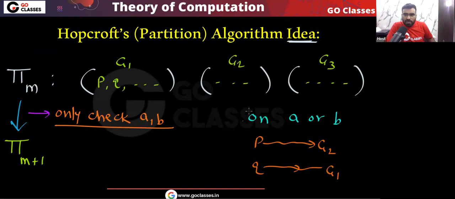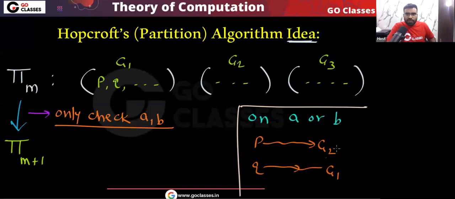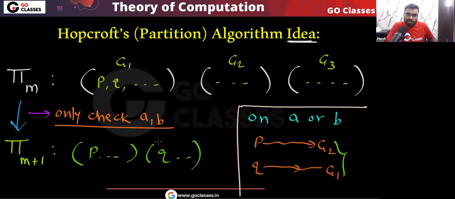Remember, I'm saying on a or b, if they are going to different groups, now what will happen? Now this pq will not be in the same group in the pi m plus 1. Okay, is this clear? We will put them in different groups.